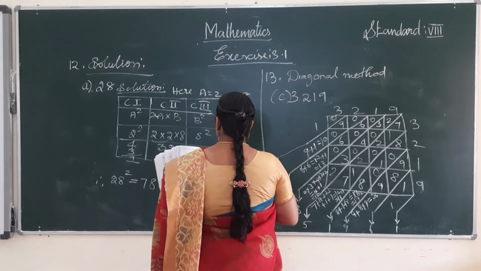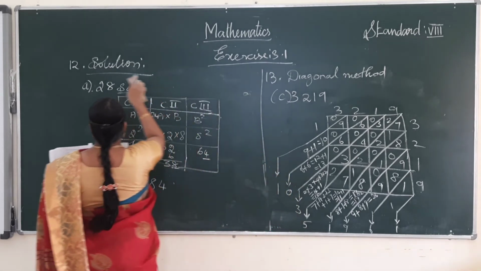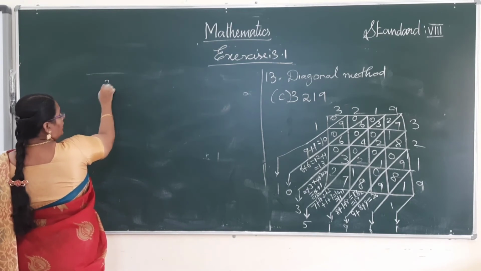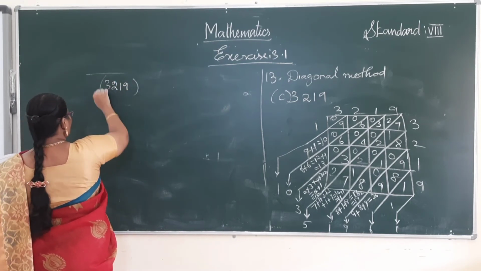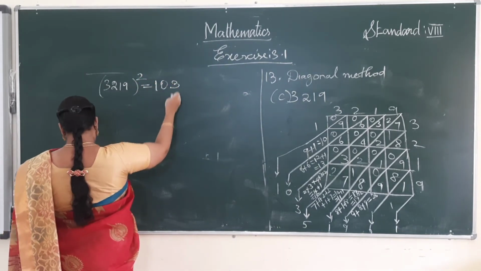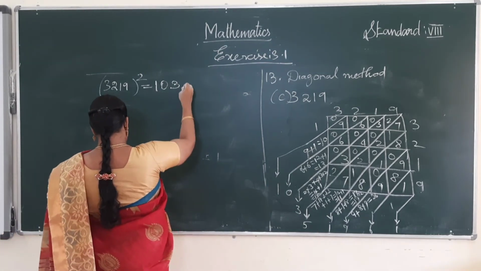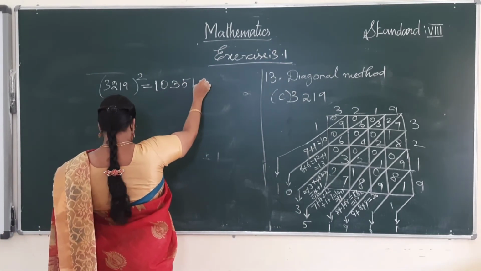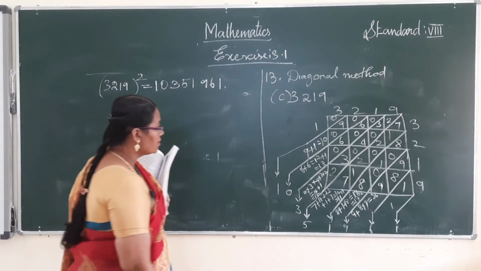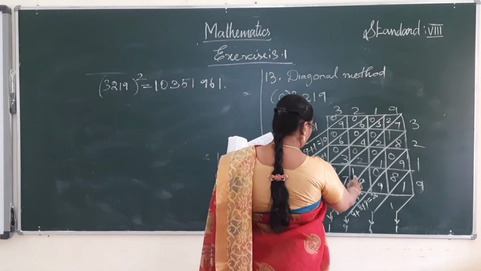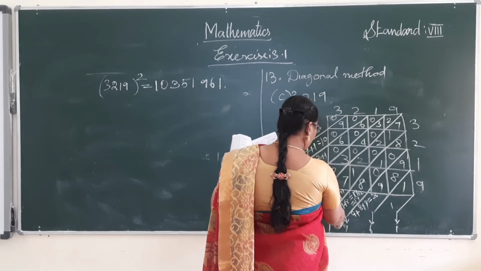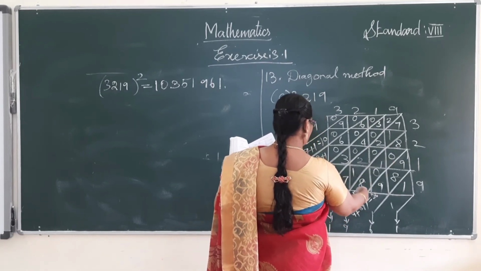Thus the answer is, okay, right. So answer is 3219 the whole square is equal to 10351961.